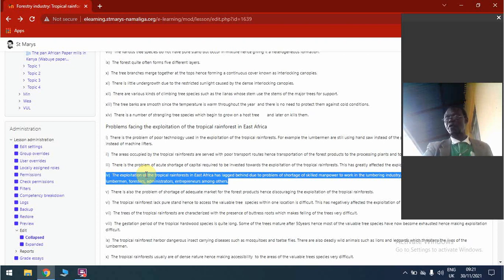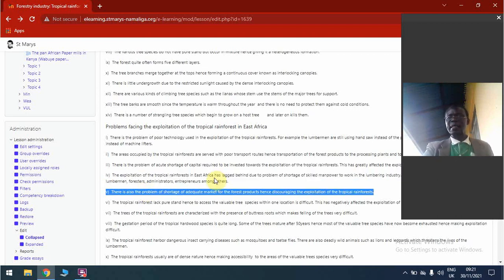But as of now, we have that shortage of skilled manpower to be employed in the exploitation of the tropical rainforest. We have a shortage of engineers. We have a shortage of administrators. We need also accountants, and probably we also need entrepreneurs who are not there. And these are all the skilled personnel that are needed in the exploitation of the tropical rainforests.